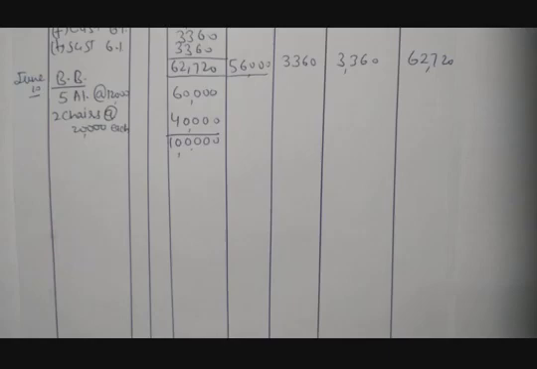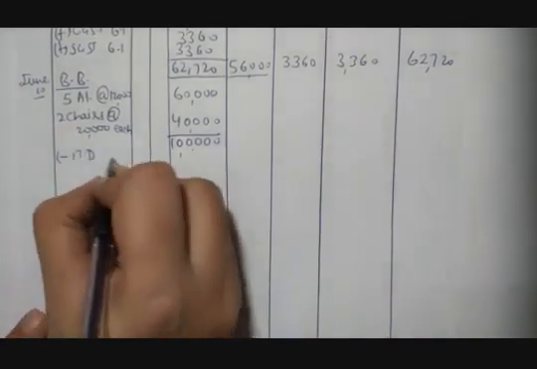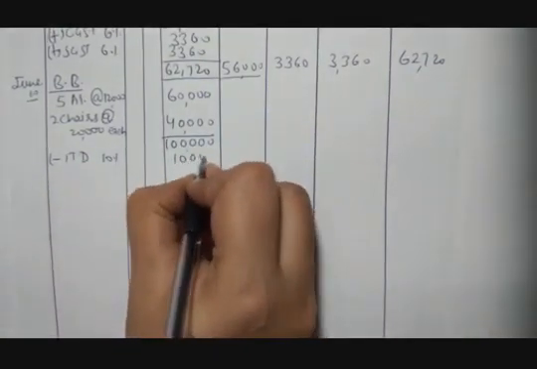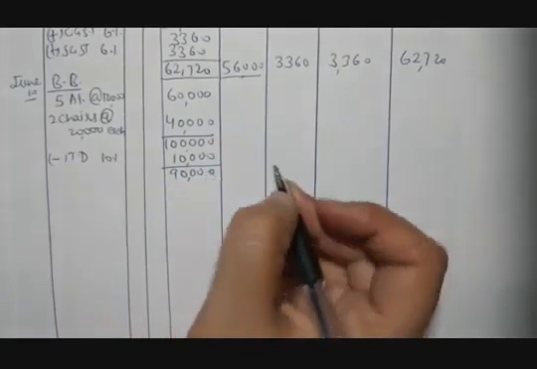Total amount is 1 lakh. Now beta, we will deduct trade discount here. 10%. That will be 10,000. Remaining amount is 90,000.